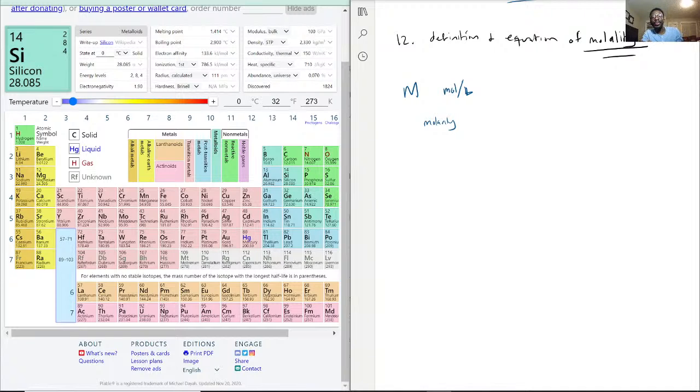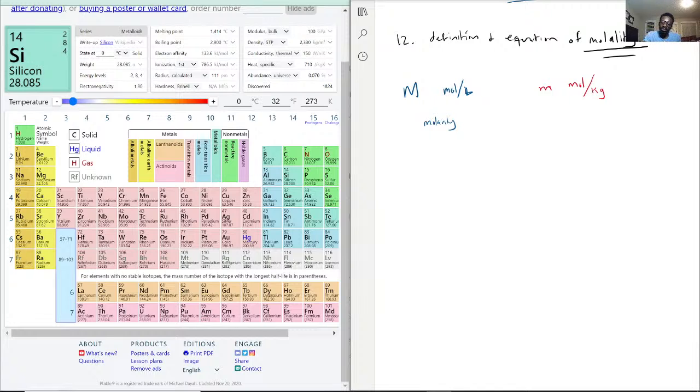It's how many moles of a certain compound or element are in 1 liter of typically water. That is the molarity. Now for molality, this one still has the moles, and you signify it by the small m. But instead of liters, it's kilograms of water typically.